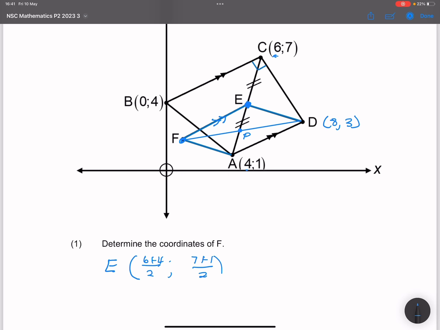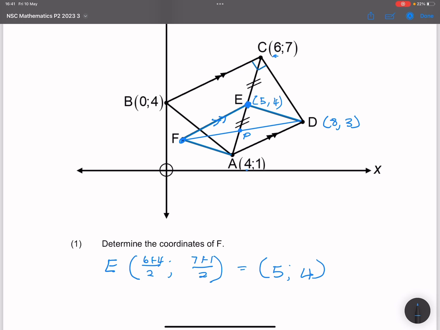So what are the coordinates of E? 6 plus 4 gives me 10, divided by 2 gives us 5. And for the y value, 7 plus 1, which is 8, divided by 2, gives us 4. So E is the point (5, 4).